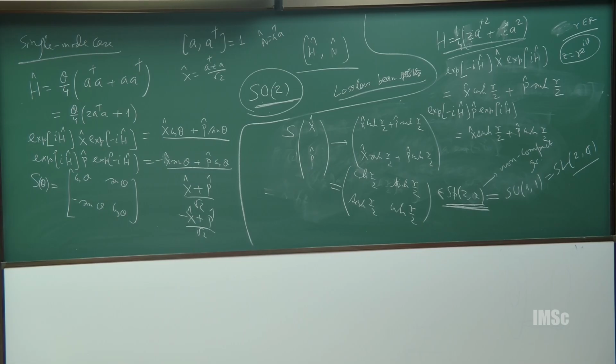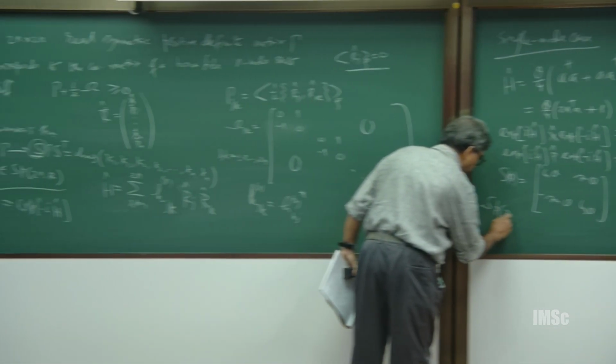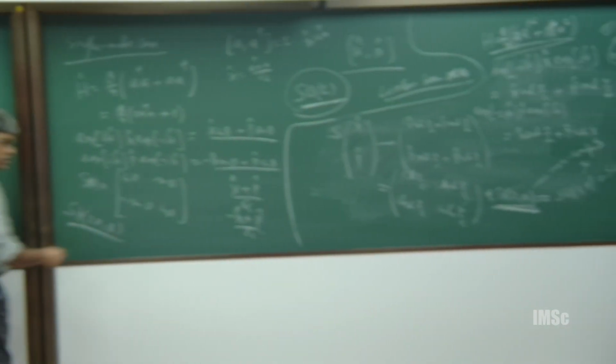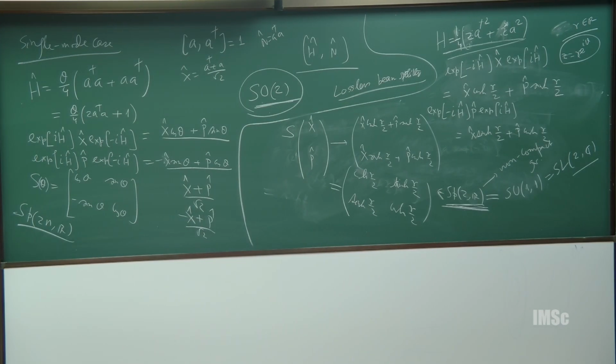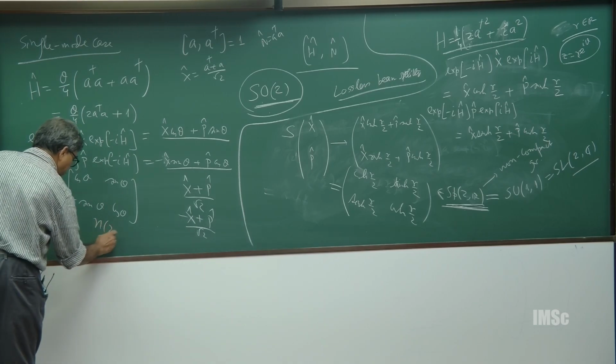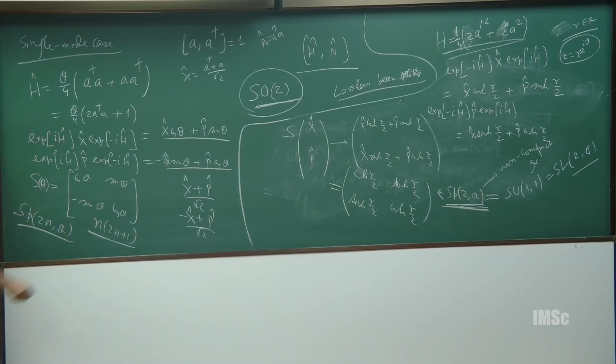So, this idea we will have to use now for the multi mode case. In the multi mode case we will have to split this group, SP 2n R. It will have n into 2n plus 1 generators, that one can count, and n square of them correspond to the compact group.